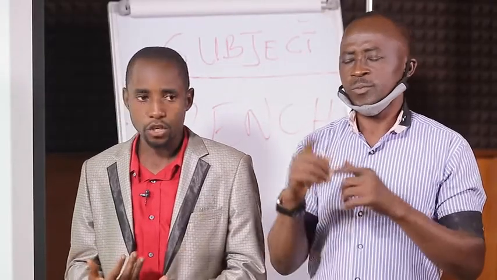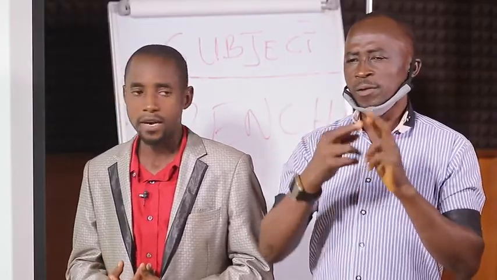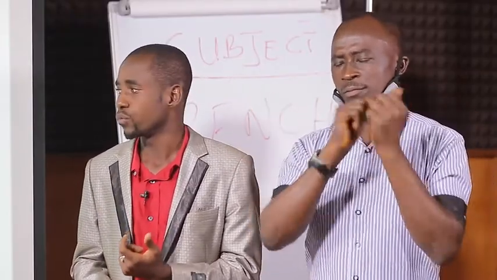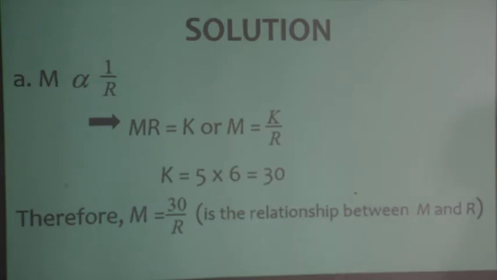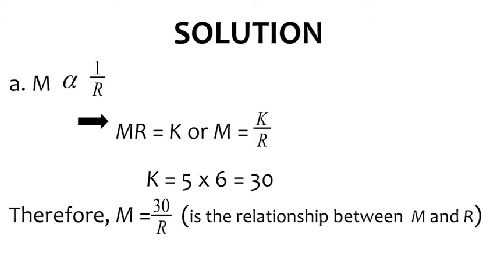Then to find the relationship between m and r, we substitute the value of the constant, which is 30, into the equation m equals k over r. Therefore, upon substitution, we have m equals 30 over r.